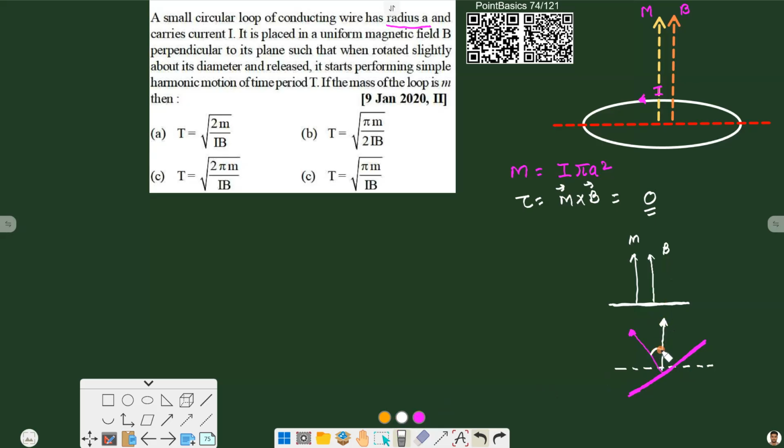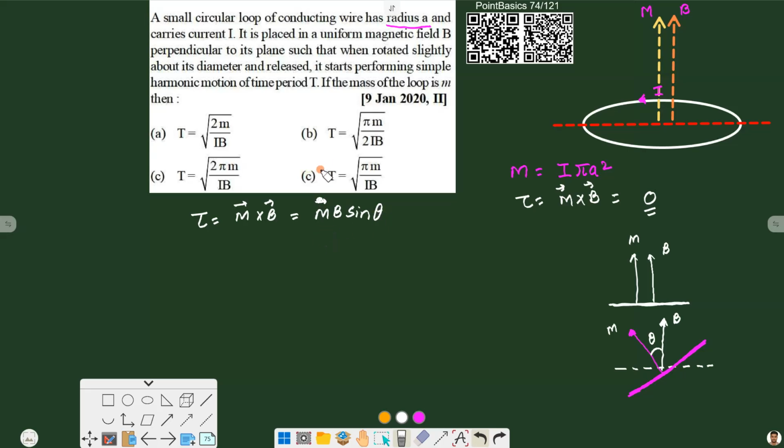So this is the angle theta here, between the magnetic dipole moment and the magnetic field. Now in this scenario, the restoring torque will be M cross B, and it will be MB sine theta.